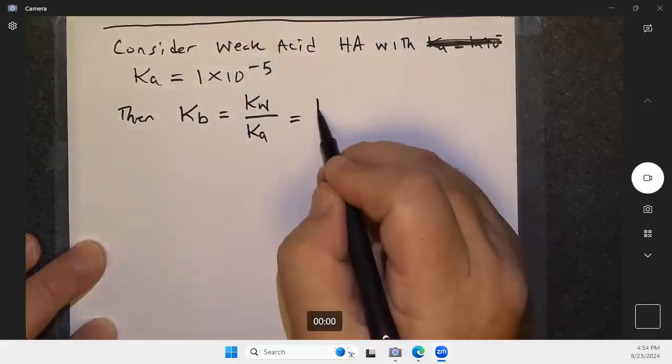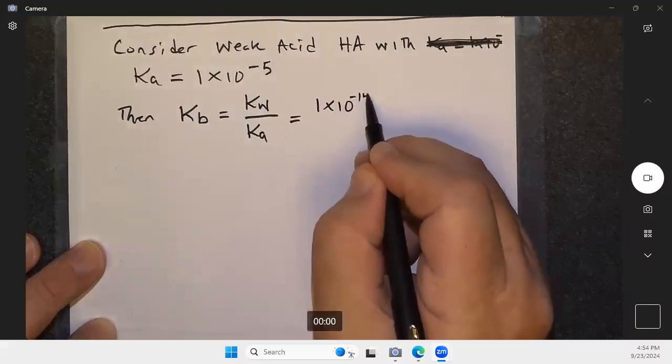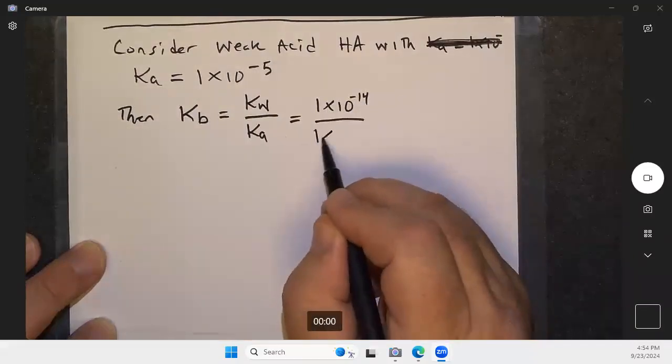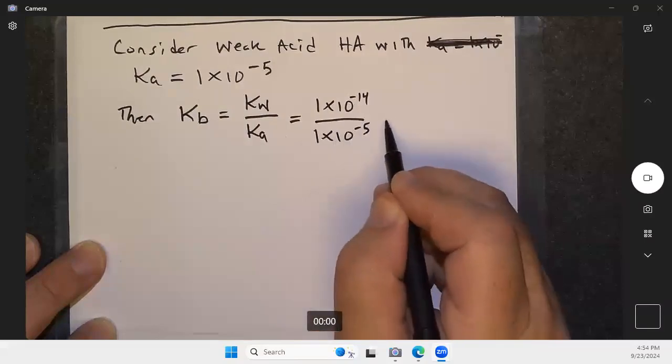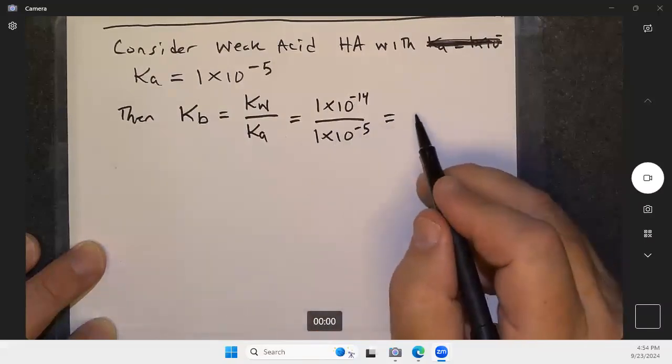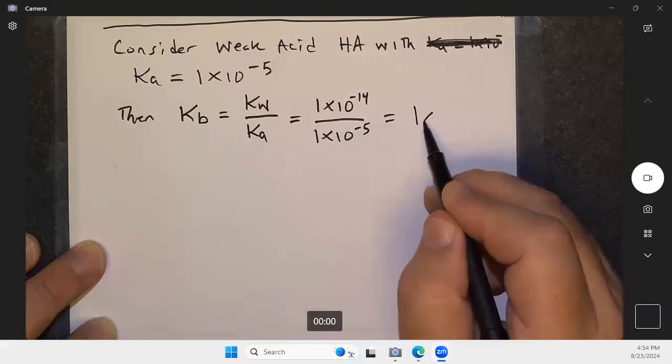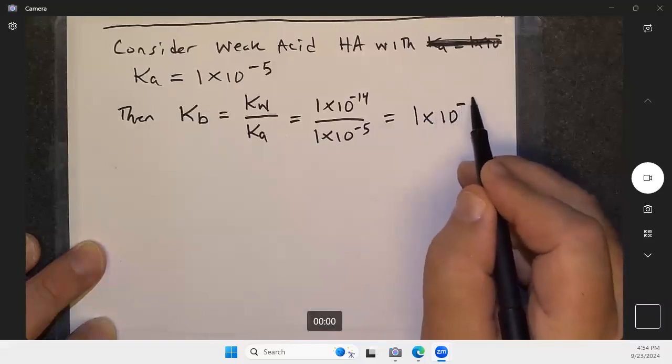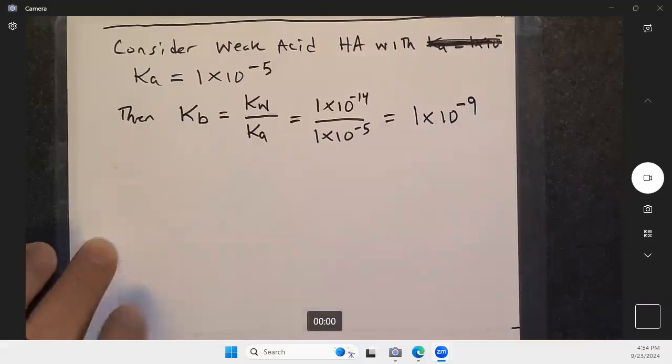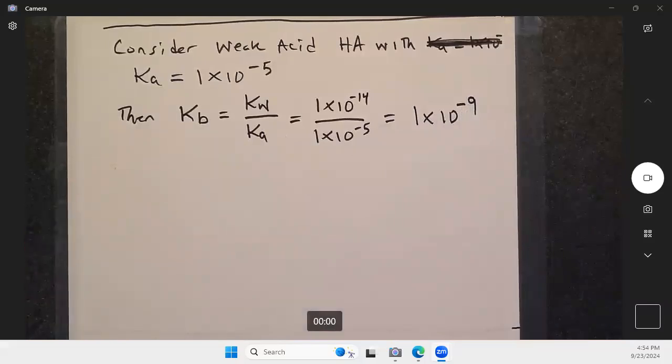We plug the numbers in, 1 times 10 to the minus 14 over 1 times 10 to the minus 5. And so what does Kb turn out to be? 1 times 10 to the minus 9, right? So in this case, we're back in the same boat again. It can't just be anything. It's constrained by that equation.